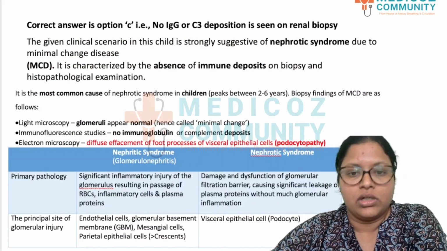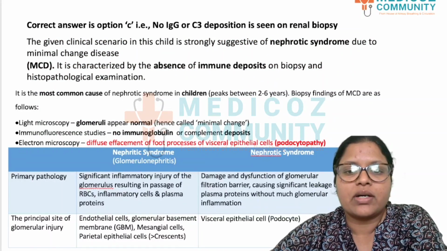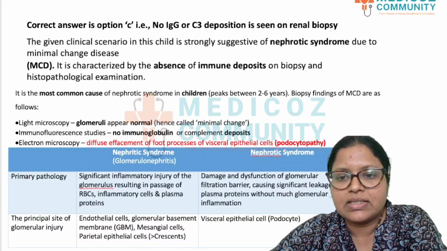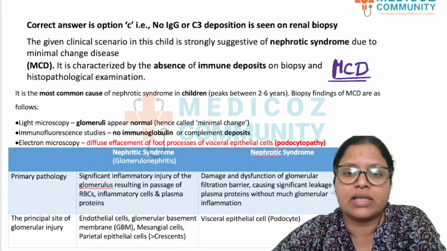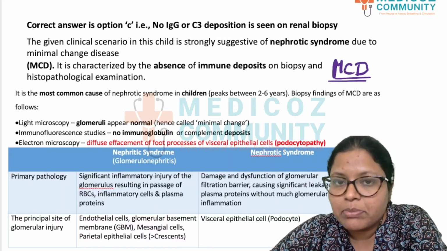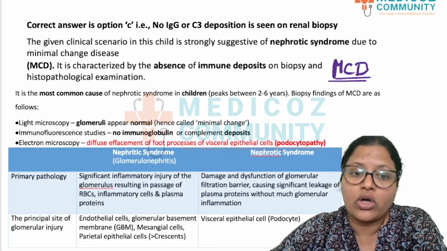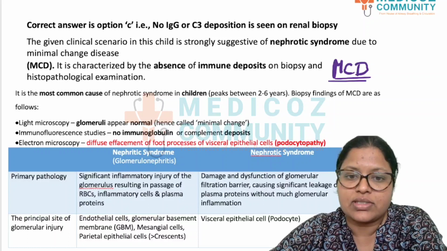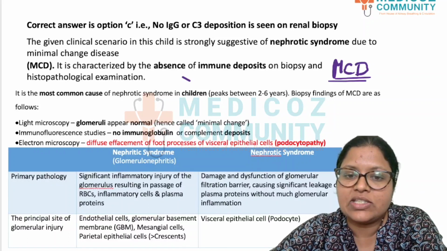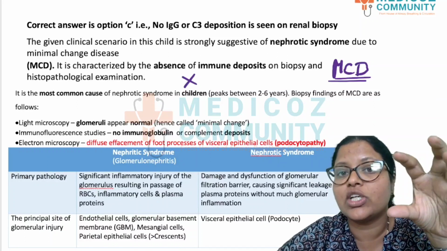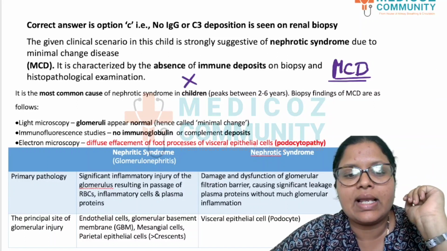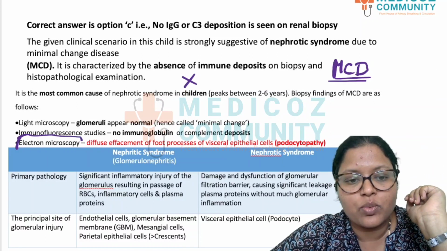So what were we talking about? We were talking about minimal change disease here, and in minimal change disease, on light microscopy and on your immunofluorescence, you do not see any changes. That is why the word minimal change. What is the only change you see, and where? In electron microscopy. And what is that change?